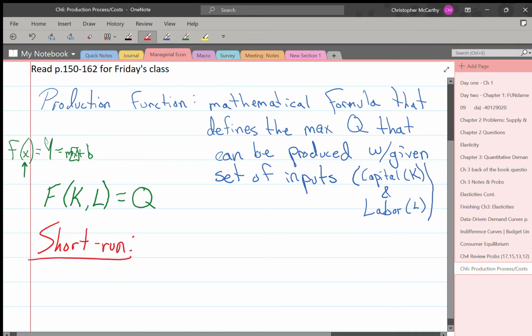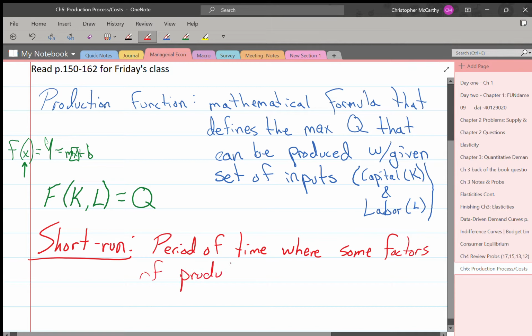The short run is literally defined as the period of time where some factors of production, otherwise known as inputs, are fixed.